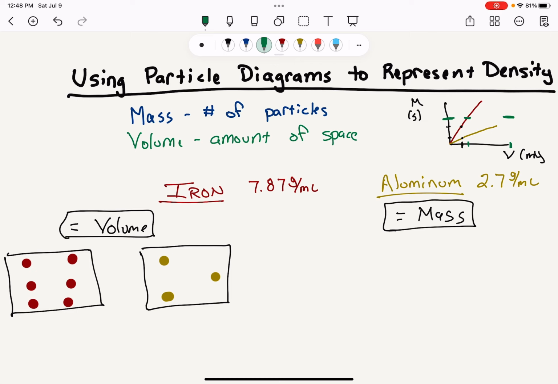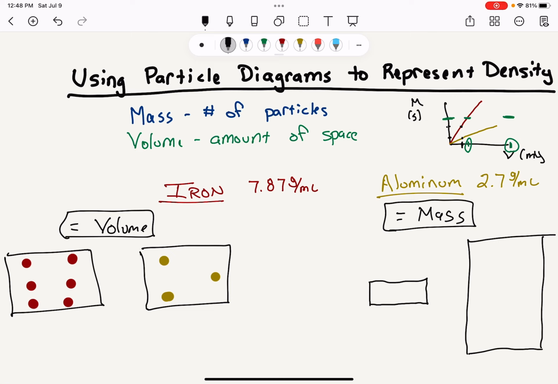So in other words, if I had equal masses, notice how the red line is going to have a much shorter, smaller volume than that of the gold line, which is the aluminum. So what I need to do when I draw my boxes is show iron have a very tiny box here. And then I'm going to show the aluminum having a much bigger box because it's going to take a lot more space to have the exact same number of particles. I'm going to make this aluminum box a little bit bigger because I think you'll see why.